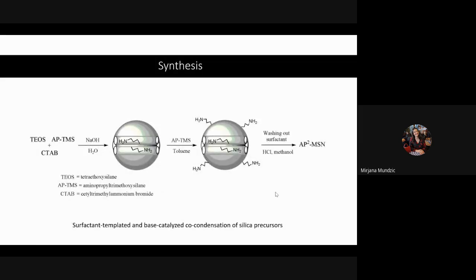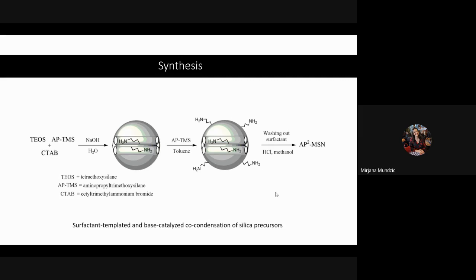This is the way we synthesize our nanoparticles in our lab. It is the surfactant-templated and base-catalyzed co-condensation of silica precursors. Everything starts when we mix cetyltrimethylammonium bromide in water, and we add potassium hydroxide.